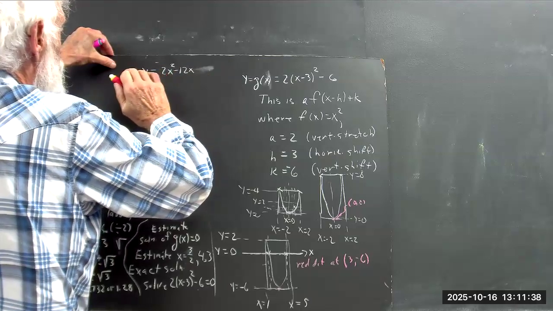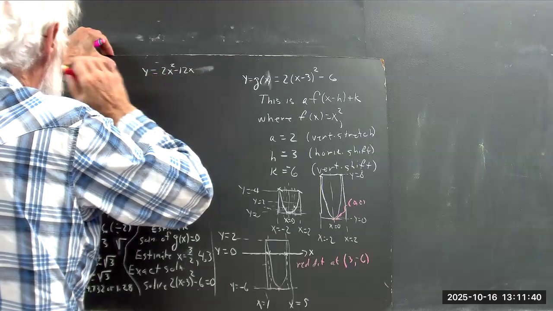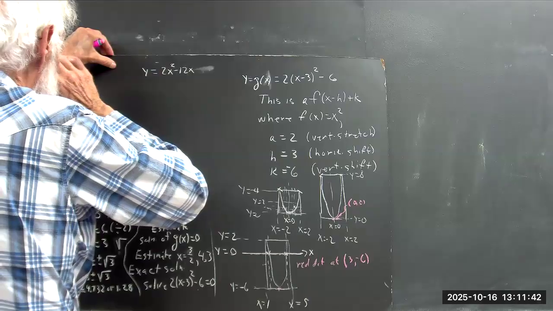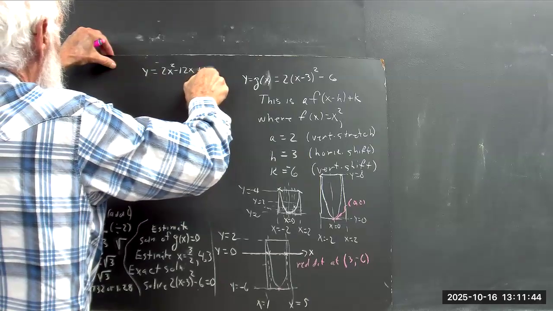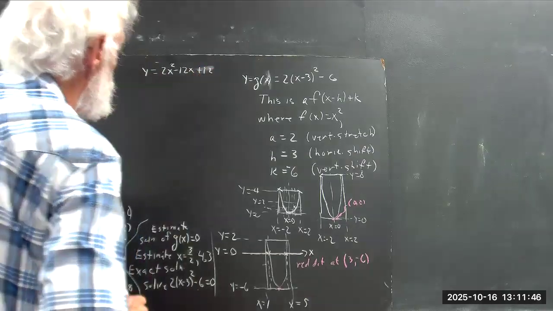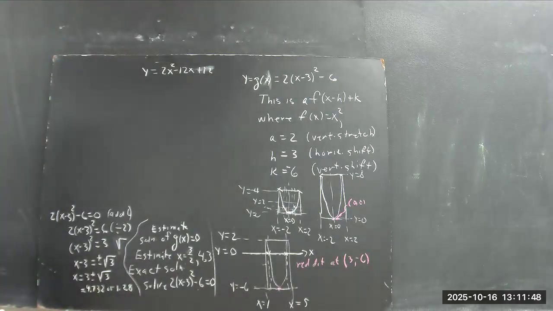Well, not minus 14. 2x squared minus 12x plus 12. Let me make sure that's right. It'd be 18 minus 6, yeah. Okay, I think that's right.